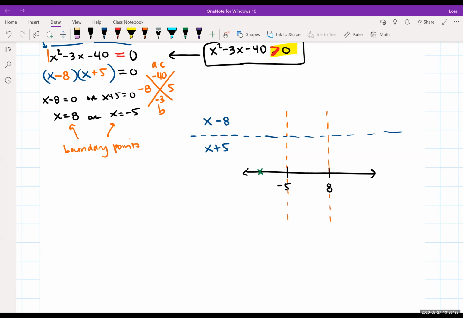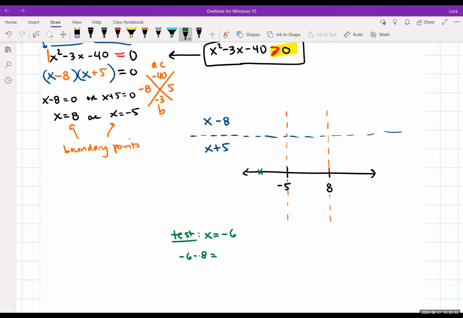So if I'm testing x equals -6, what I would do is plug -6 into each of the factors. And what I'm concerned about, and I'll do that for us. So let's do that. So we have x minus 8. So we would have -6 minus 8.